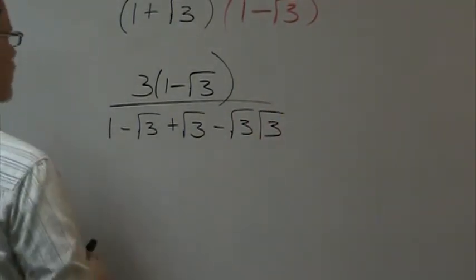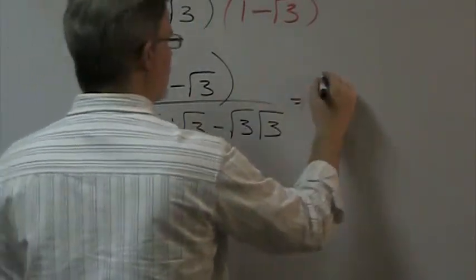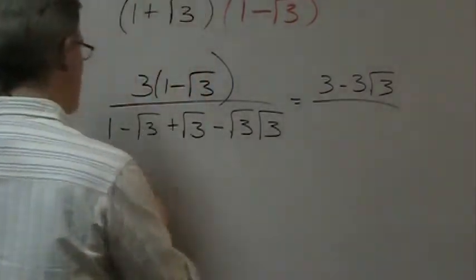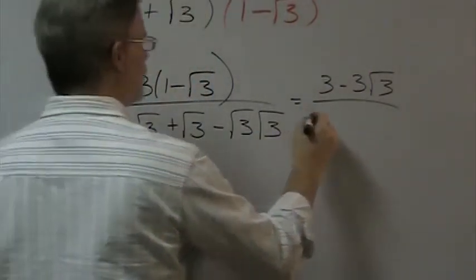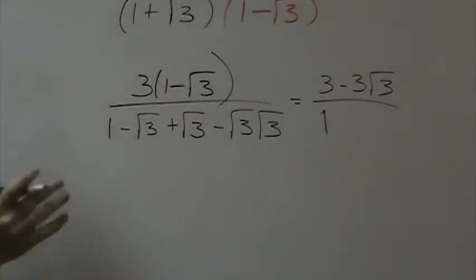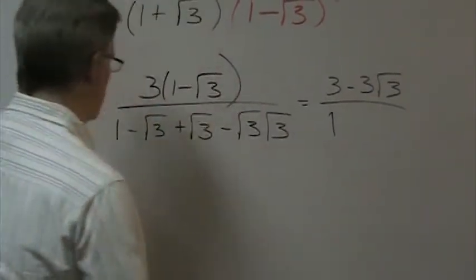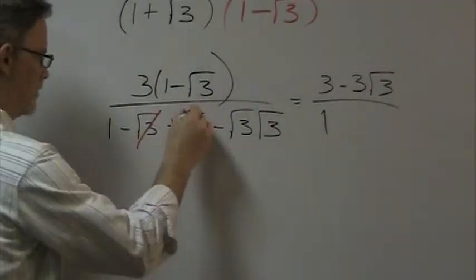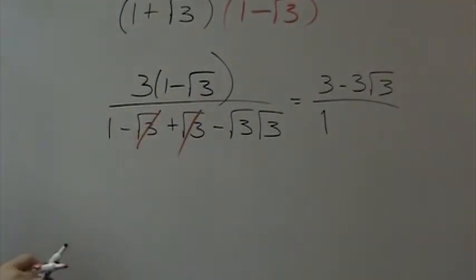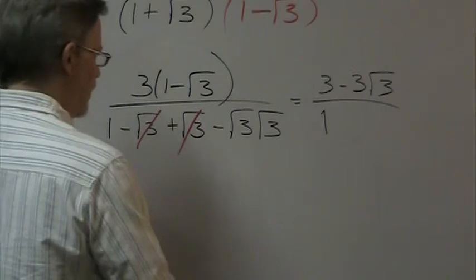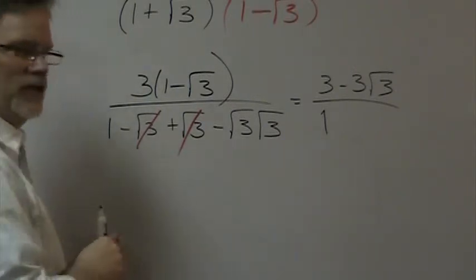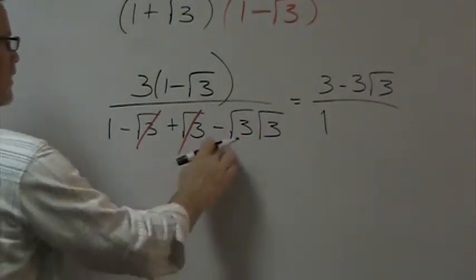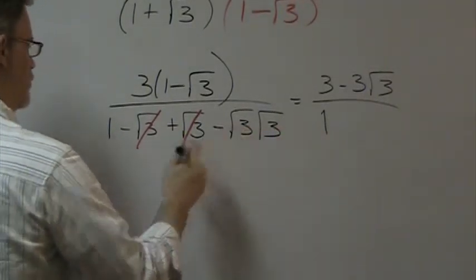Alright? And so looking at this, obviously the top you can multiply through: 3 minus 3 radical 3. And then on the bottom, let's take a look here. We've got a 1. Oh, but look at this. The negative square root of 3 and the positive square root of 3 actually cancel themselves out. And then the square root of 3 times the square root of 3, we know that square root times square root is just the number itself.